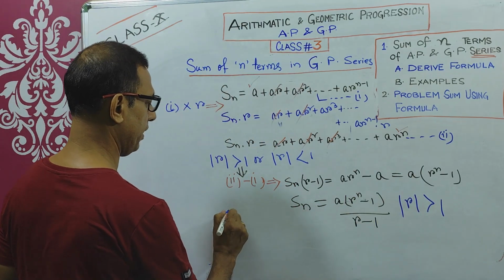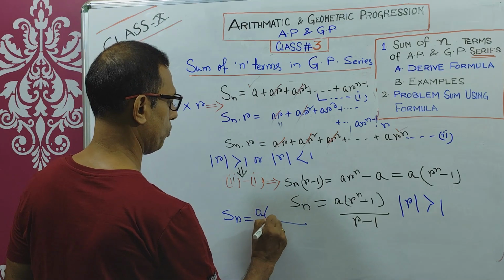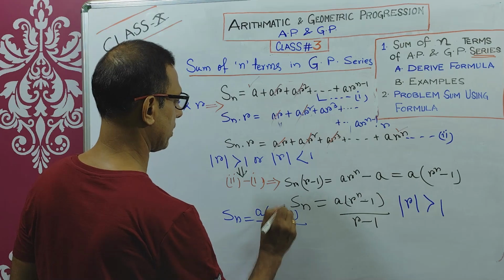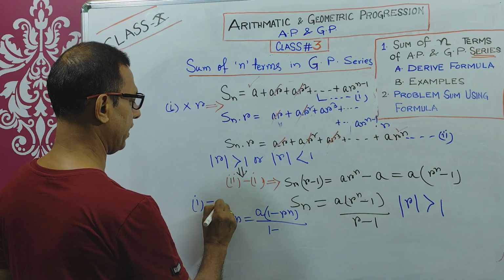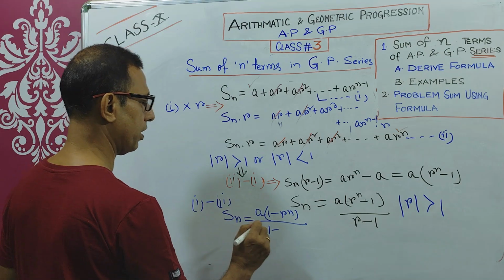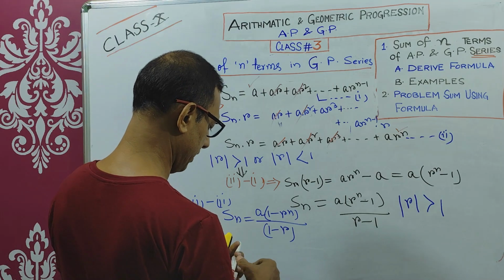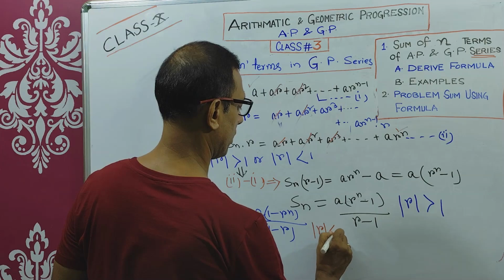And another one will be Sn equals A into 1 minus R to the power n by 1 minus R. In that case, you will do 1 minus 2, equation 1 minus 2, right? That means where basically mod R is less than 1.